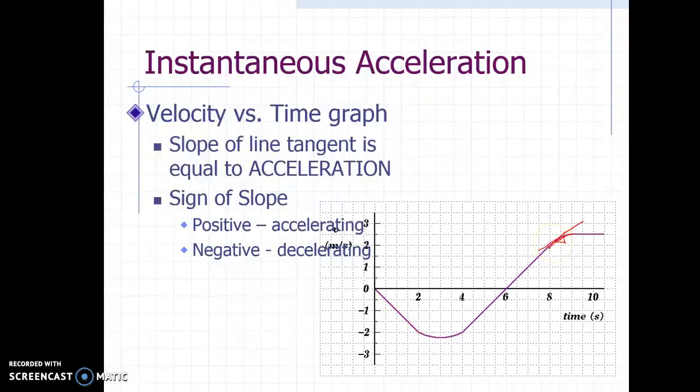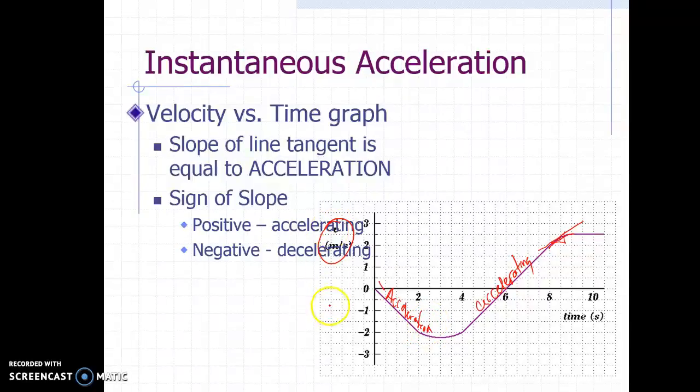Remember, slope is rise over run. If it's positive, we're accelerating. This is negative acceleration, I guess, in physics terms, or in everyday terms, deceleration.